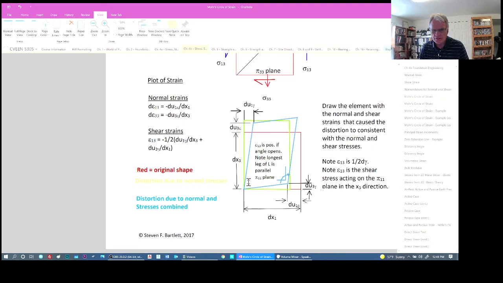Over here, if we look at this plane and this plane, there's a closure of that original L where it's collapsing. That would be defined as negative by the conventions that we need to adopt.